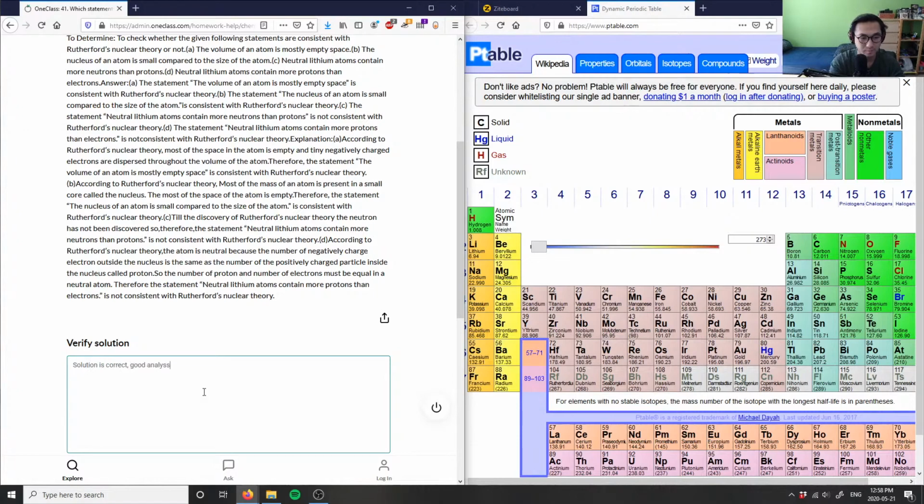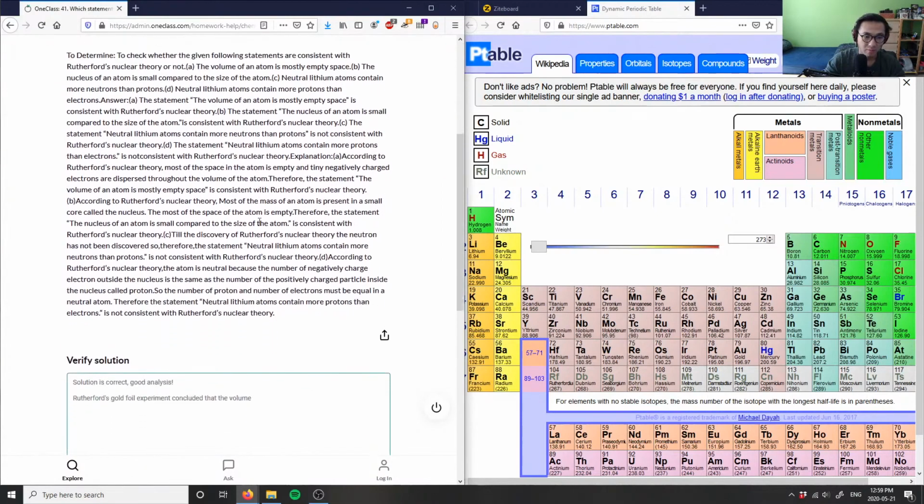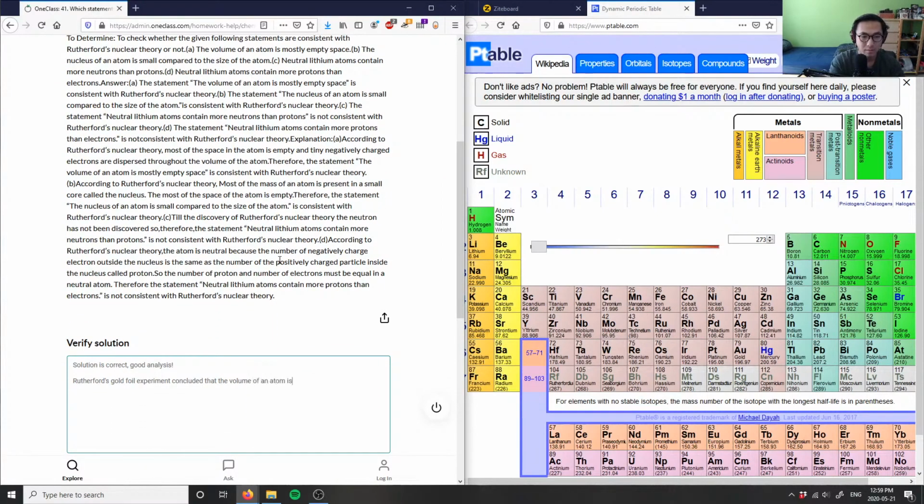Good analysis. So you can say that Rutherford's gold foil experiment concluded that the volume of an atom is mostly empty space because most of the alpha particles, which are big compared to the atom, went through the gold foil.